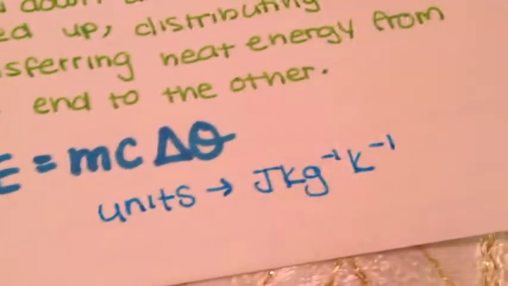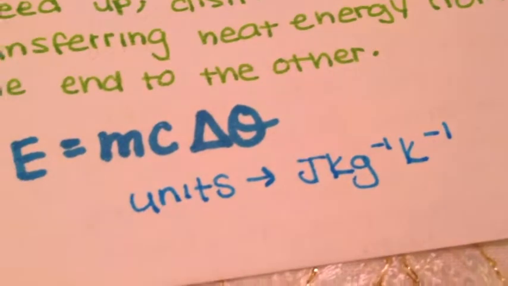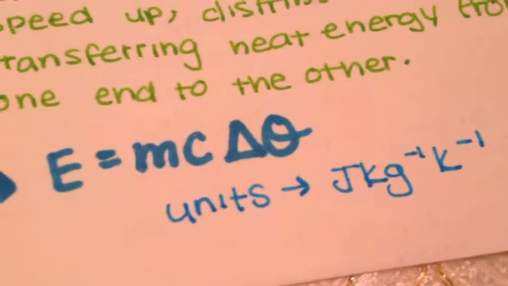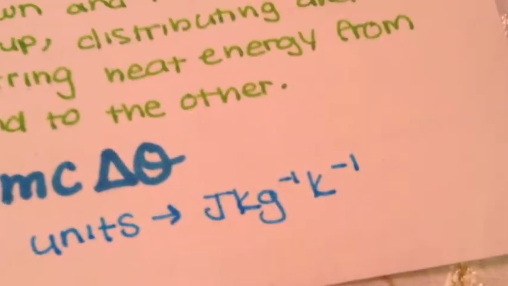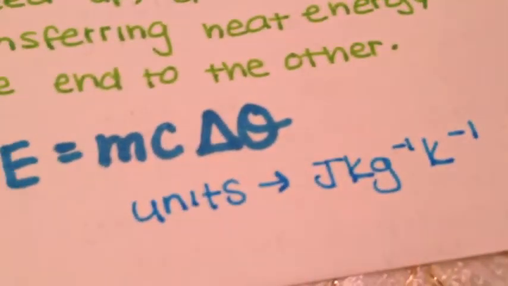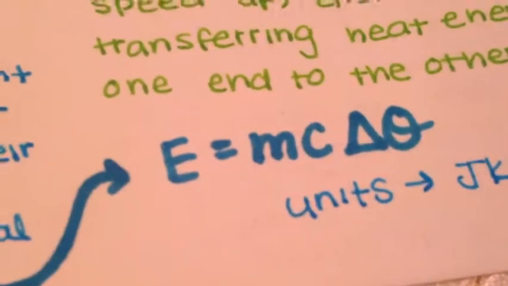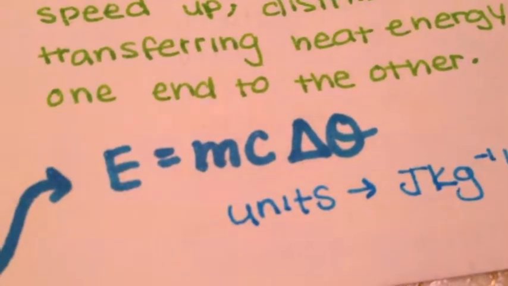You get it, right? The units for specific heat capacity are joules per kilogram per Kelvin, J kg^-1 K^-1, which you can get when you rearrange the equation to make c the subject.